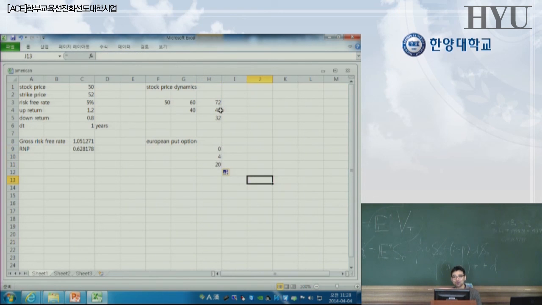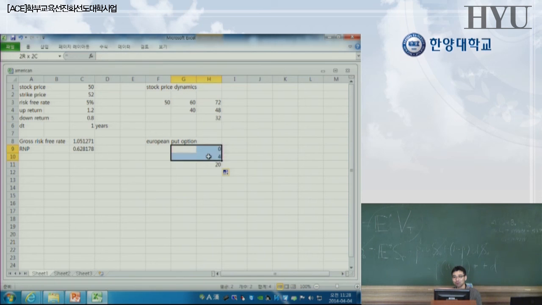So at 48, if I exercise, because I can sell at 52, I make $4. If stock price is 32, I sell a $32 asset at 52, I make $20. Okay, so here now I can do value.